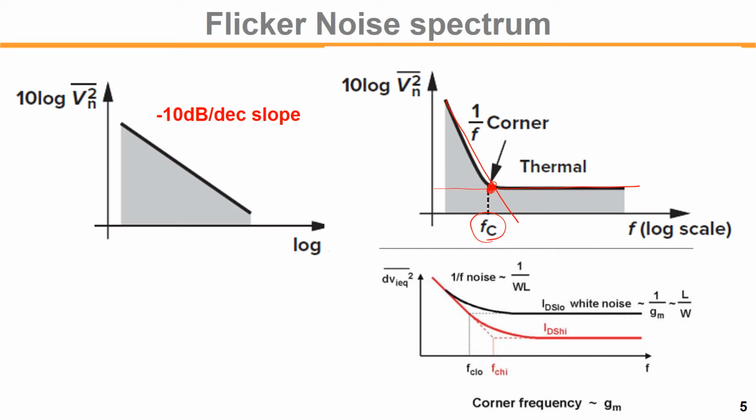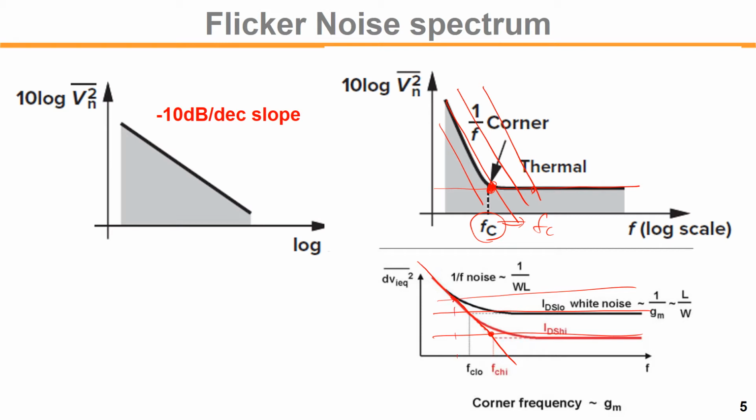This flicker noise corner is something to consider. If you have a larger flicker noise for a given thermal noise, you will get a larger flicker noise corner. In the other case, for the same flicker noise, if you have a larger thermal noise, then you can have a smaller flicker corner.